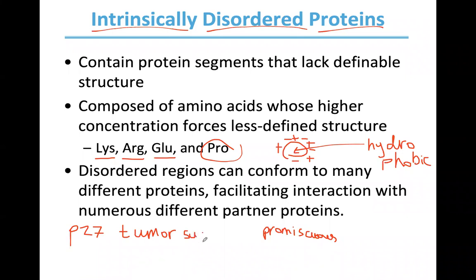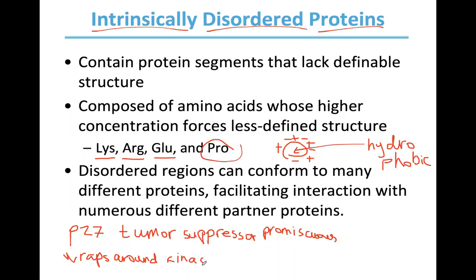What's a tumor suppressor protein? Well, I mean, basically, the name really tells you what it does. Tumor suppressor. Basically, because of its disordered nature, it wraps around kinases. Remember I told you about kinases and their participation in cell division, right?